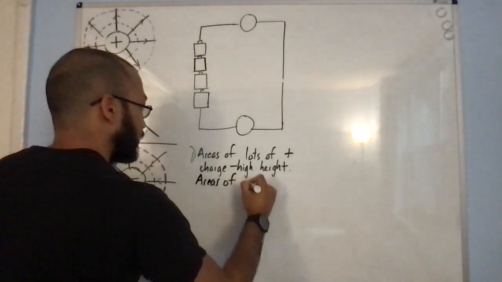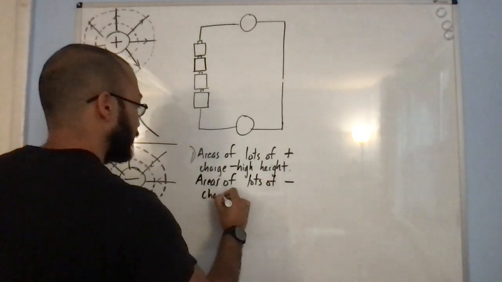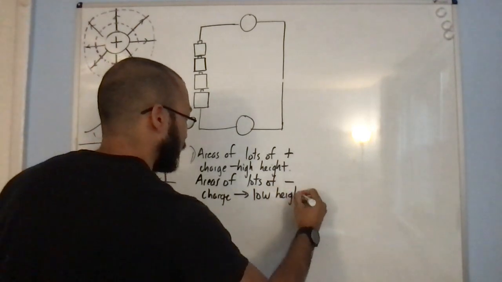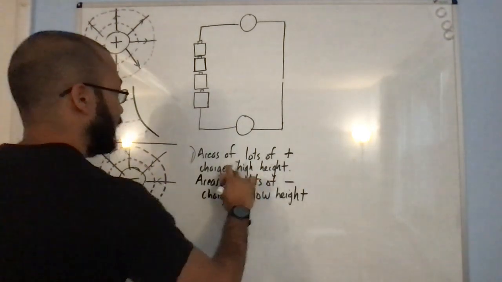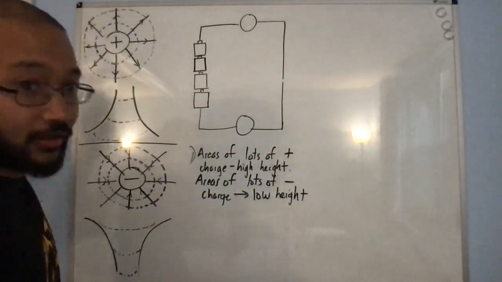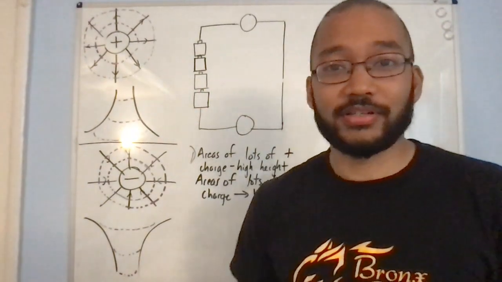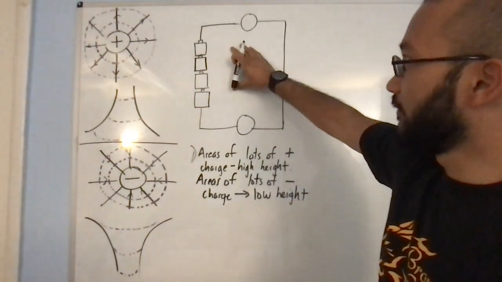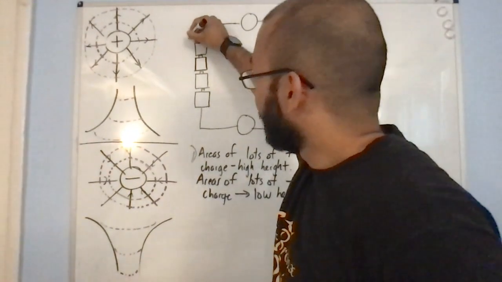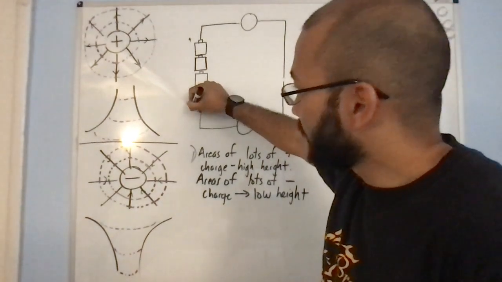Areas of lots of negative charge, low height. And building on that, the more positive charges you have in a location, the higher the height. So what does that have to do with circuits? Well, the positive end of a battery, you can think of as a lot of positive charges, and the negative end of a battery, a lot of negative charges.